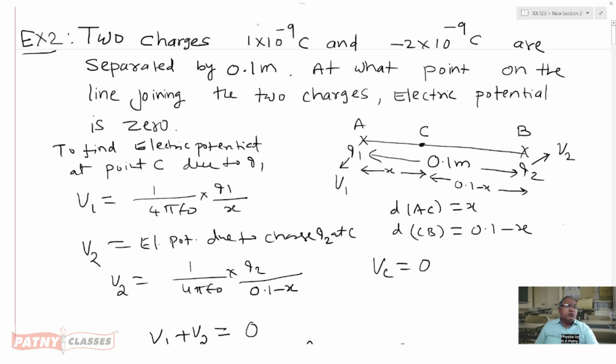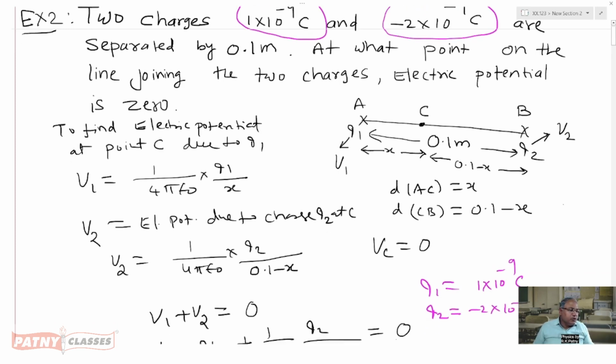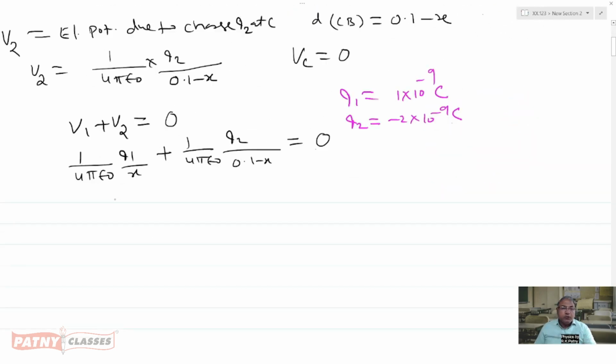What are the Q1 and Q2 values? Q1 equals 1 into 10 raised to minus 9 coulombs, and Q2 equals minus 2 into 10 raised to minus 9 coulombs. Before putting these values in, I will take the common factor out.